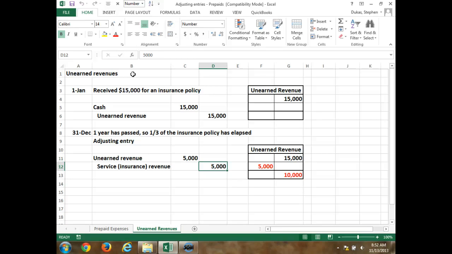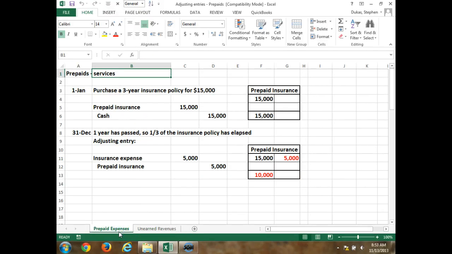Because of this, they can't recognize revenue when they receive the cash. Here, unearned revenue is a liability account. Again, if we look at the purchaser, an asset account is created, and that asset account slowly goes away over time, and we simultaneously recognize the expense as that asset account goes away.